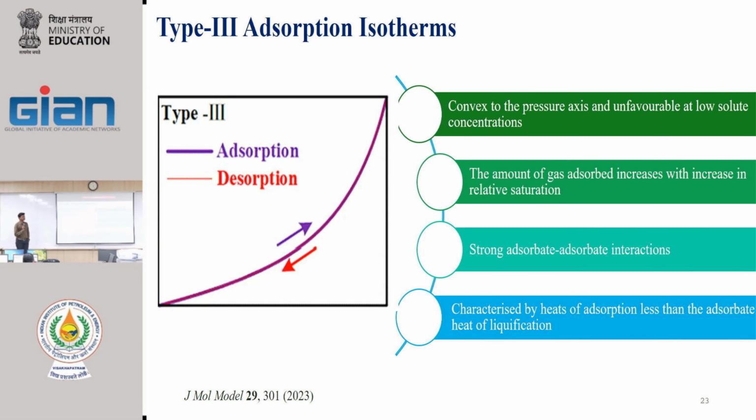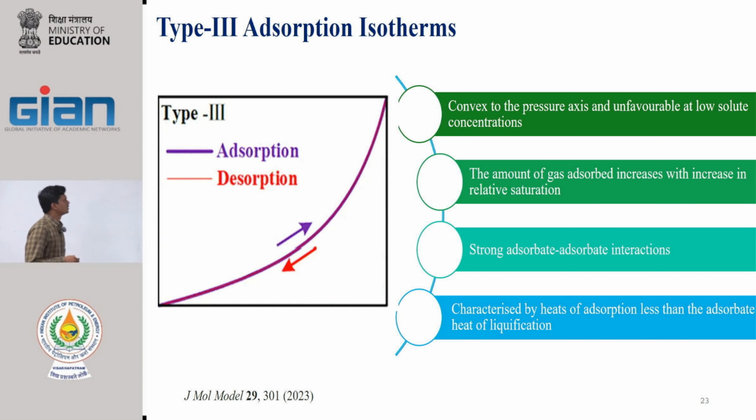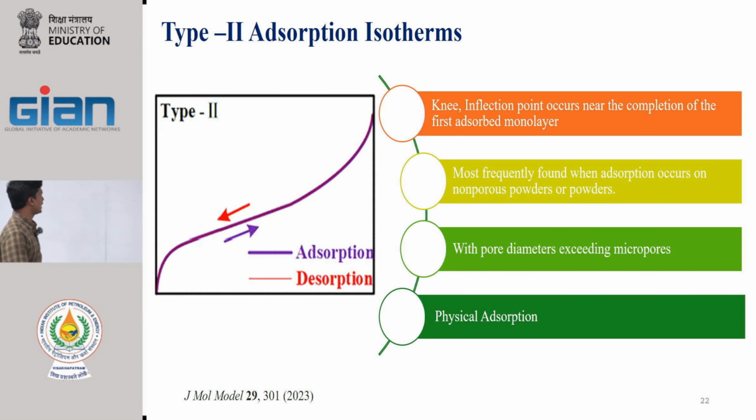In type 2, you mentioned that it is preferred in non-porous powders. One of your points says the second one is most frequently found when adsorption occurs in non-porous powders. What do you mean by non-porous powders? So here in type 2, at low pressures the gas tries to adsorb, which means solid-gas interactions are very high, so there is a peak.